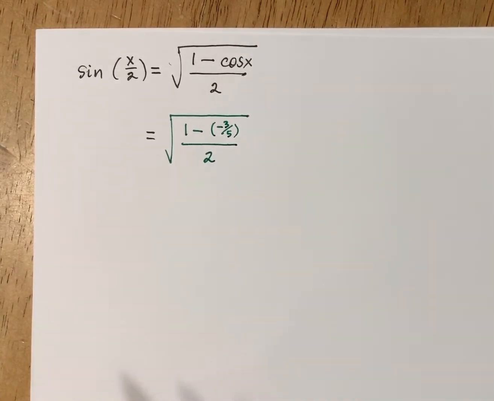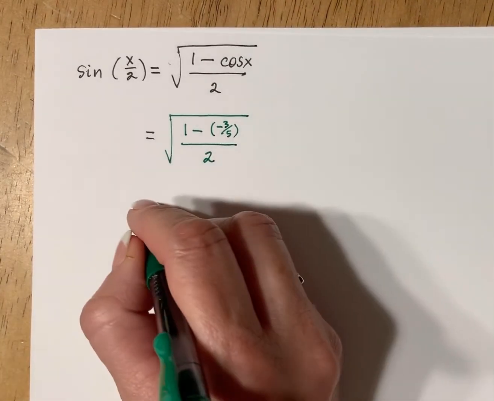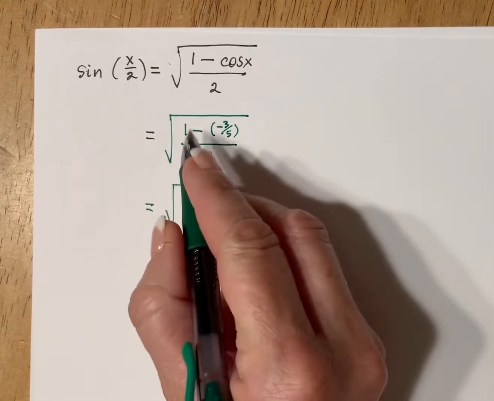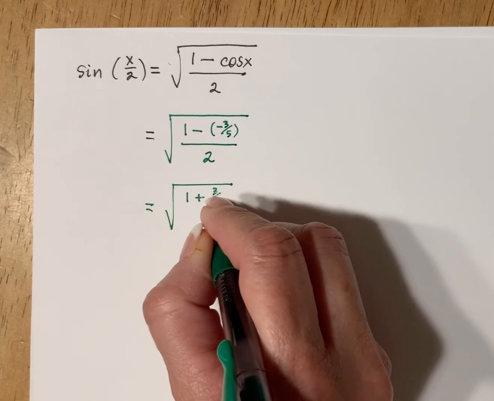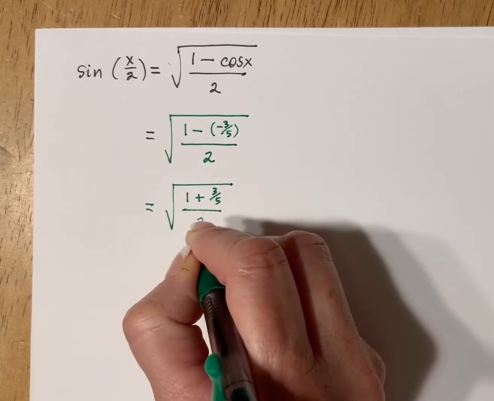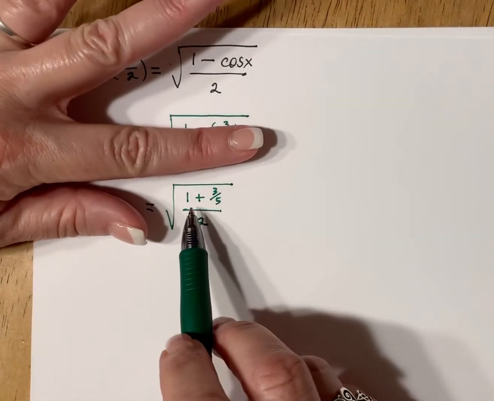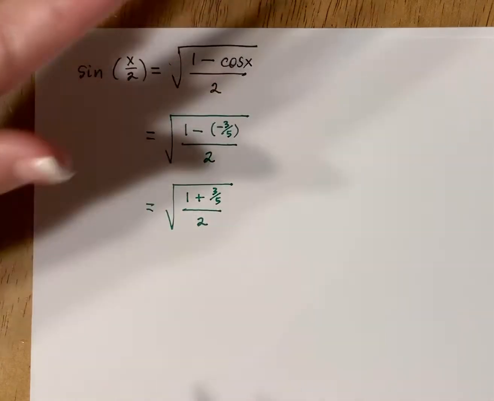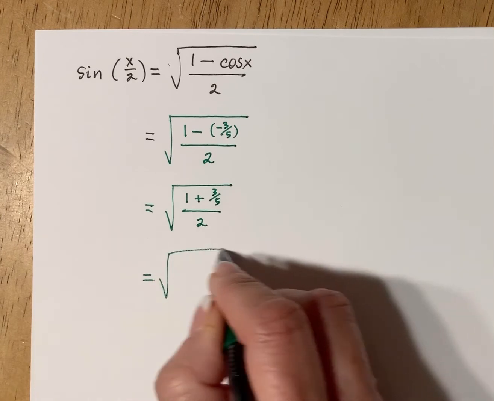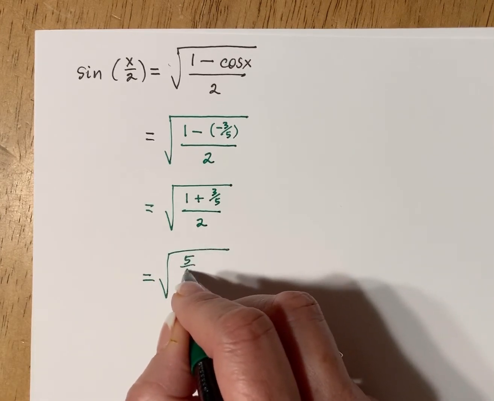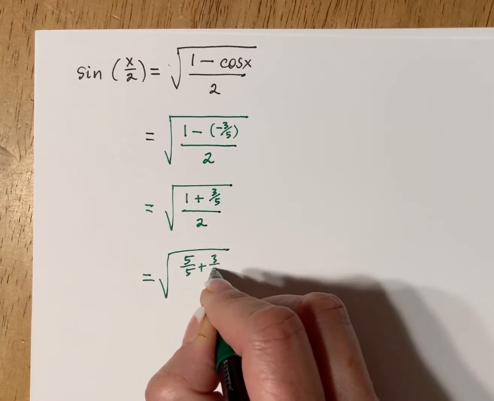Just focus on what's underneath the square root to start. We're looking at 1 subtracting a negative, so 1 plus 3/5. We need to combine those, so we get a common denominator: 5/5 plus 3/5.